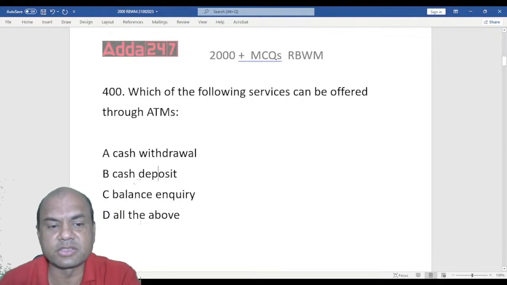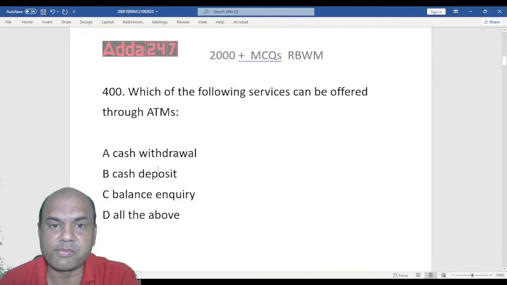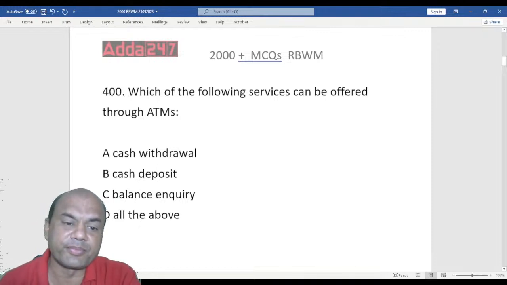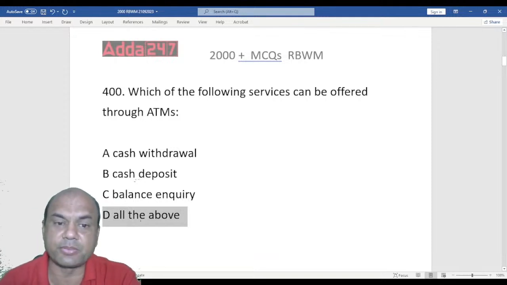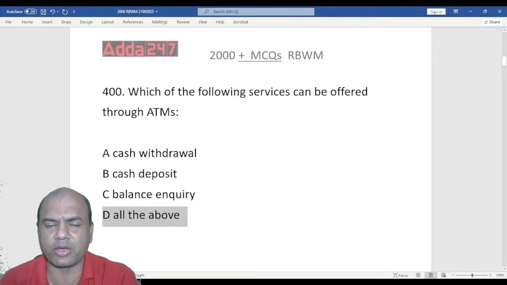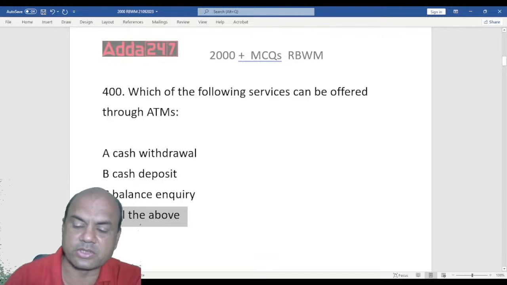Only withdrawals? Balance inquiry is there. So the answer will be all of the above. Even deposits are allowed. Not all banks give deposit functionality in their ATMs, but some banks do give the deposit function also.